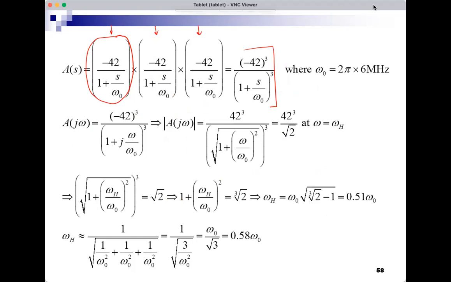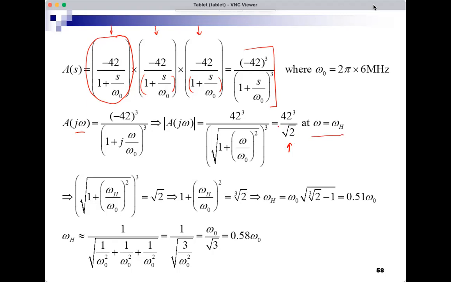Minus 42 to the power 3, the gain at low frequency, divided by 1 plus s over omega 0, to the power 3, because it appears 3 times. And then if I take this, replace s with j omega, I want to solve when this would be 42 to the power 3 over root 2. This is the definition of the new 3 dB overall.